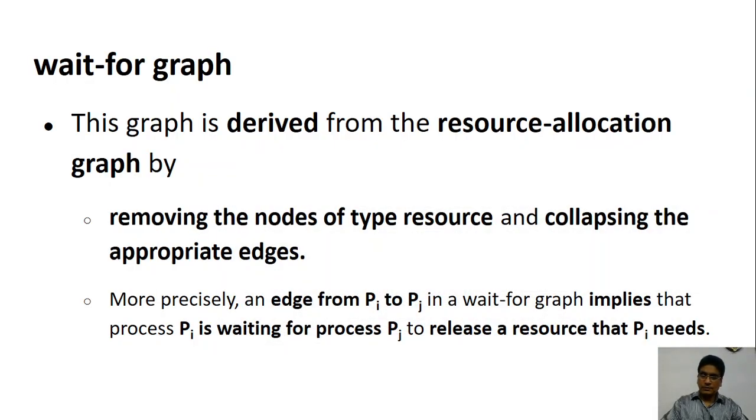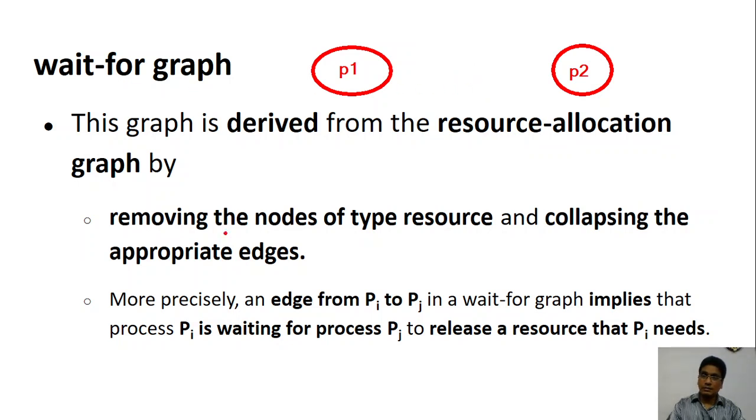So in case of a resource allocation graph, let me redraw it again. We had a process called P1. It was waiting for the resource that was used by another process called P2. So this is how it was there. In between, that resource was there.